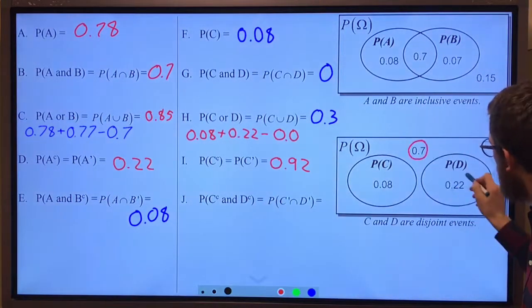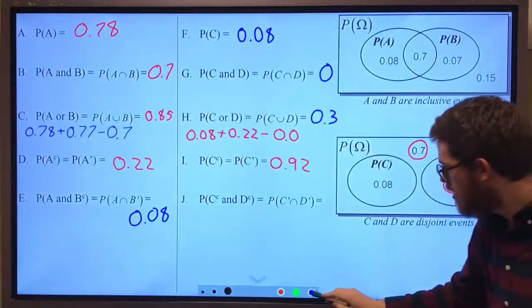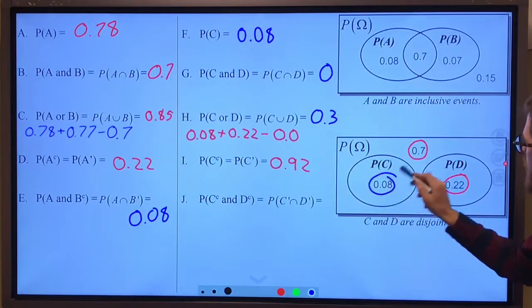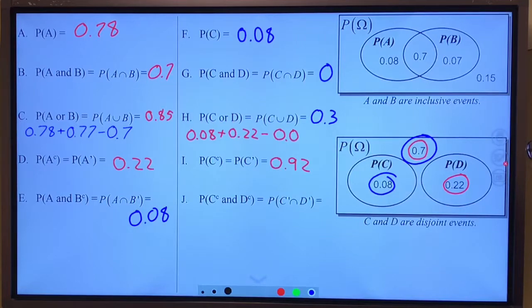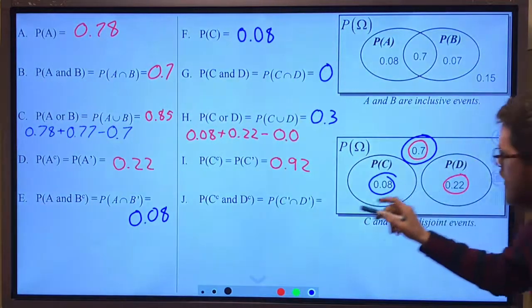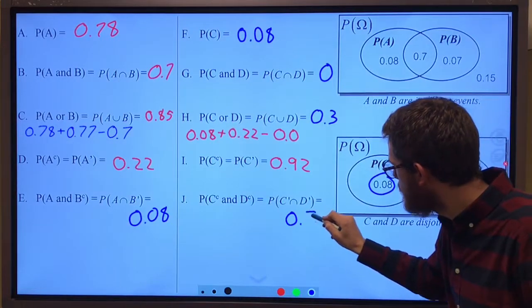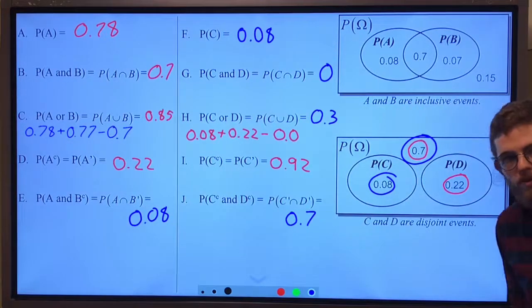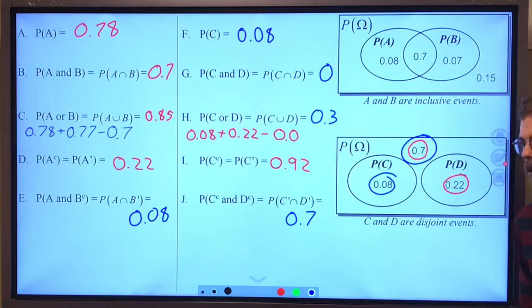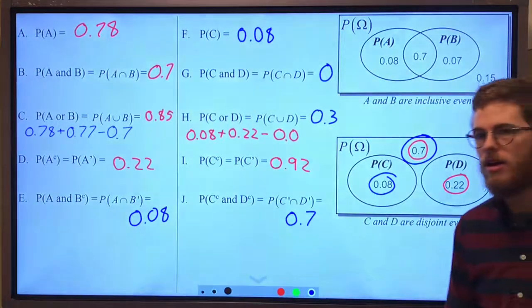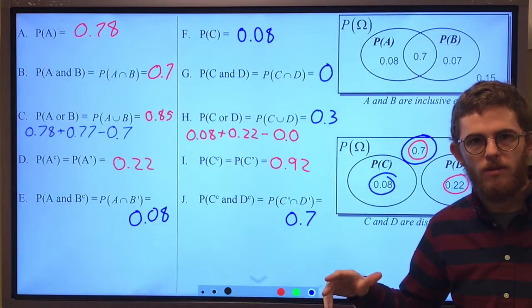Not C is these two values. Not D is these two values up here. Where do they overlap? That word and, it's going to be 0.7.